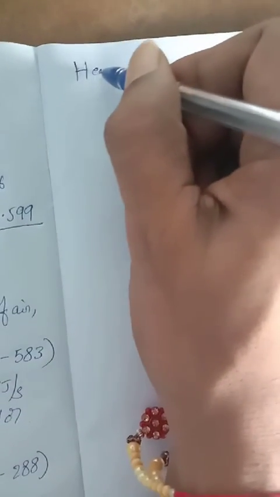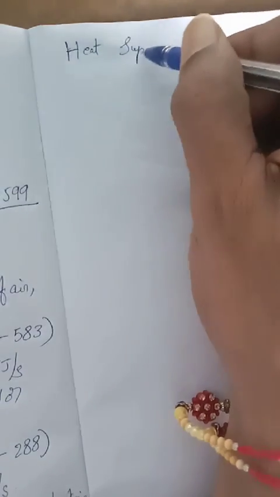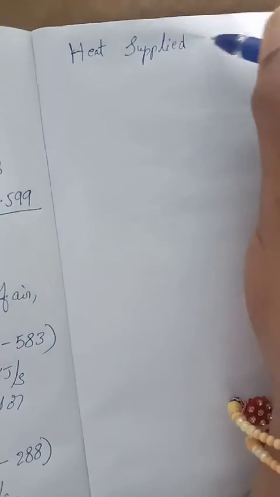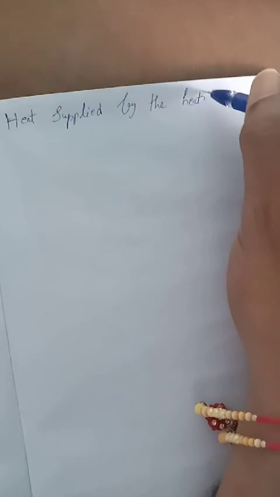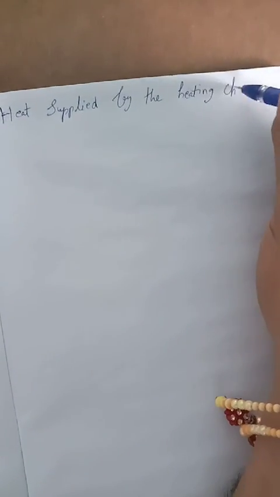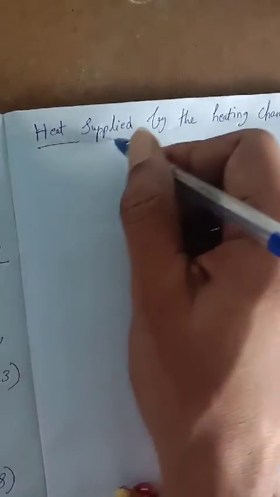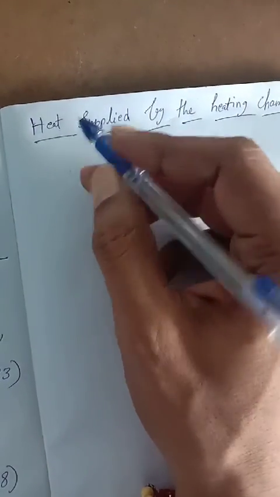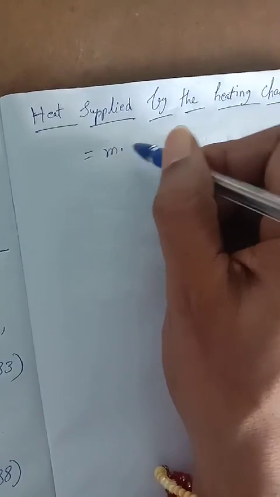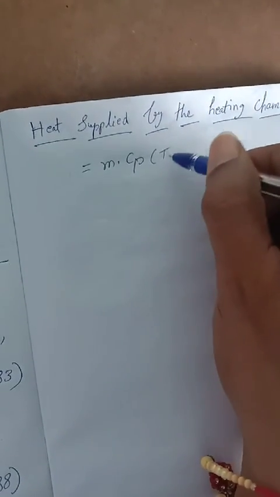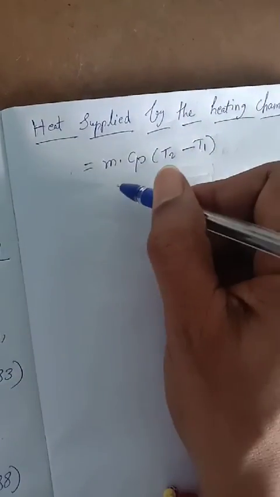Now we are going to see the heat supplied by the heating chamber. We know that the heat supplied by the heating chamber is equal to m into Cp into T2 minus T1.